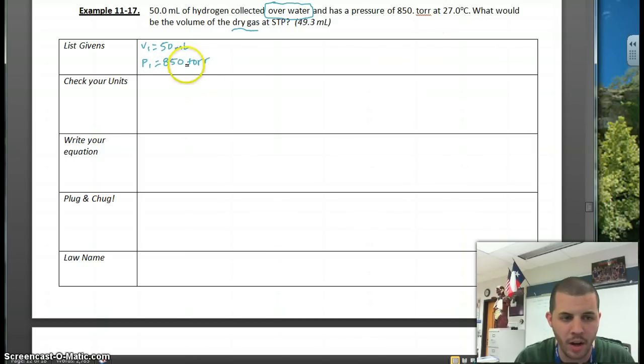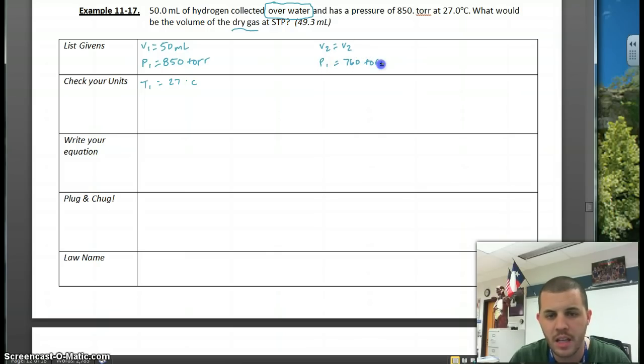And my T1 is 27 degrees Celsius. I want to find the volume of the dry gas, so that's unknown, at STP. And so I know that standard pressure is 760 torr, and I know the standard temperature is 0 degrees Celsius.